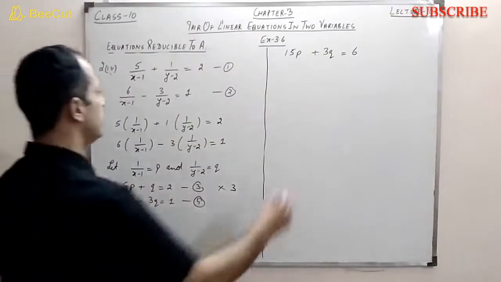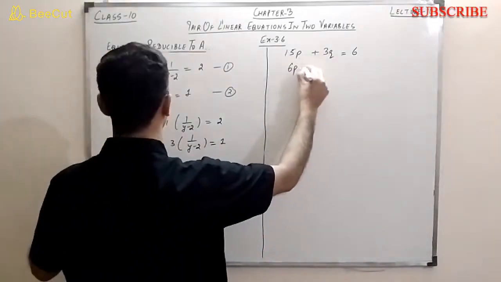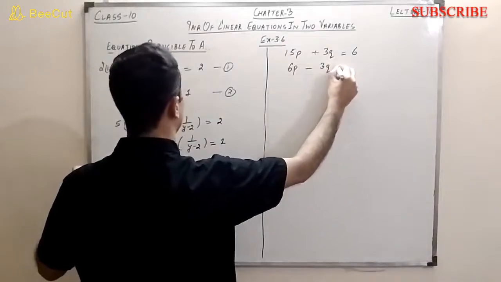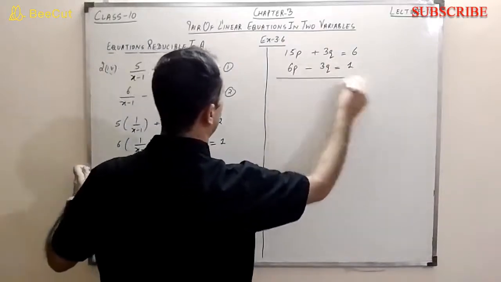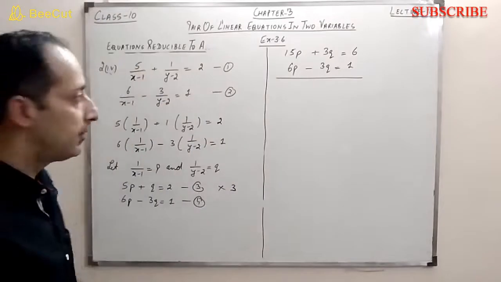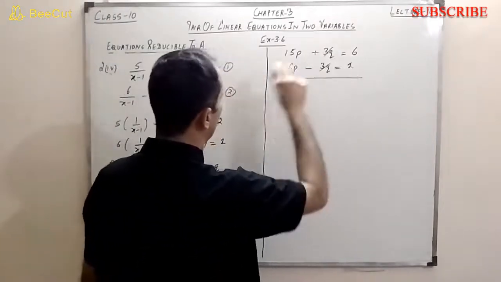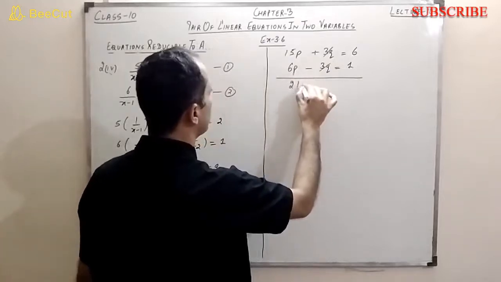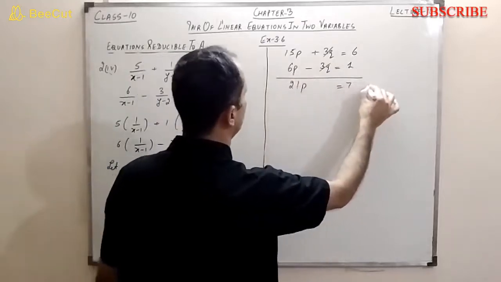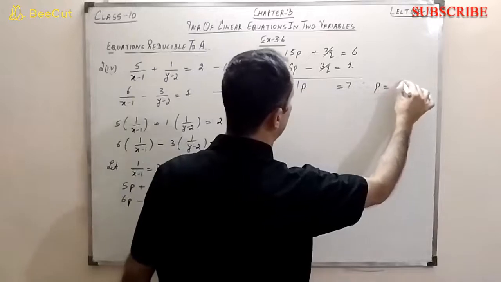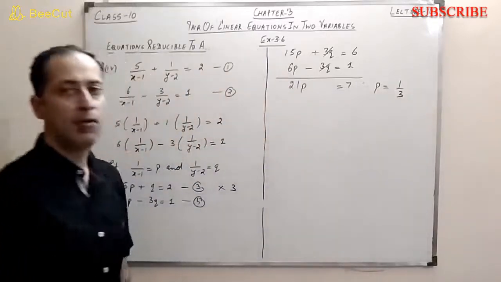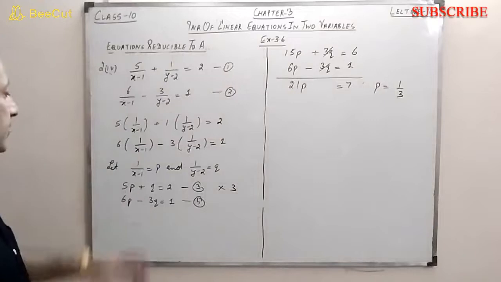And the second equation is 6p minus 3q equals 1. Again, I add both equations. The 3q cancels. What I have here is 21p equals 7, which gives me the value of p as 1 by 3, right?